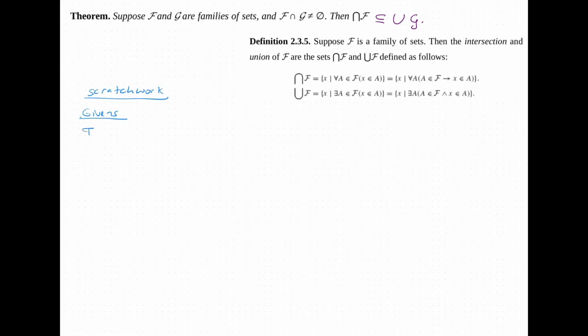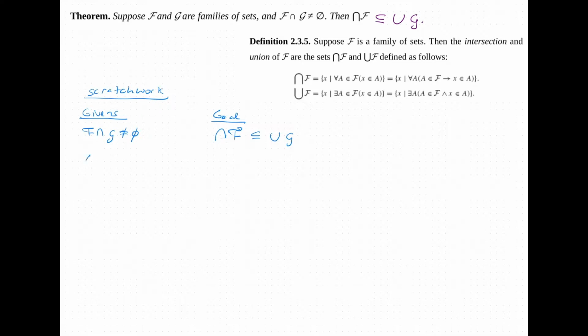We are told that F intersect G is non-empty, and our goal is to show that the intersection of the families of sets in F is a subset of the union of the families in G. What we are going to do is show that if we take some x in here, then that x has to be inside here.